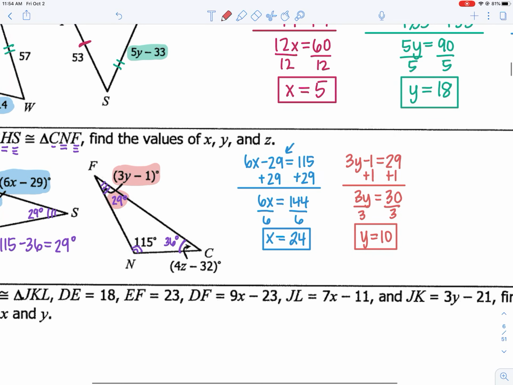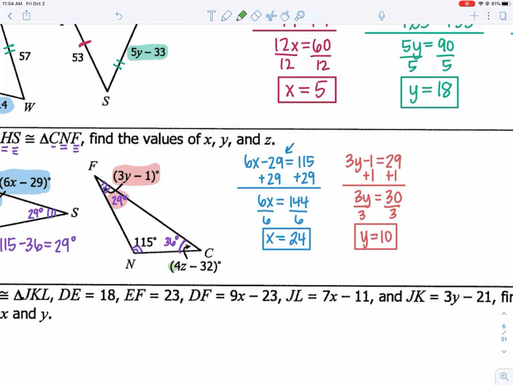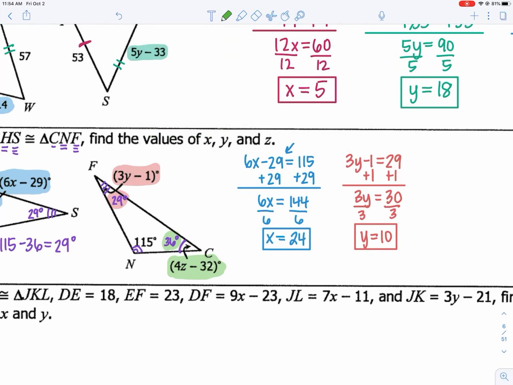And then our last one, we're going to solve for z. So 4z minus 32 equals 36. So add 32 to both sides.